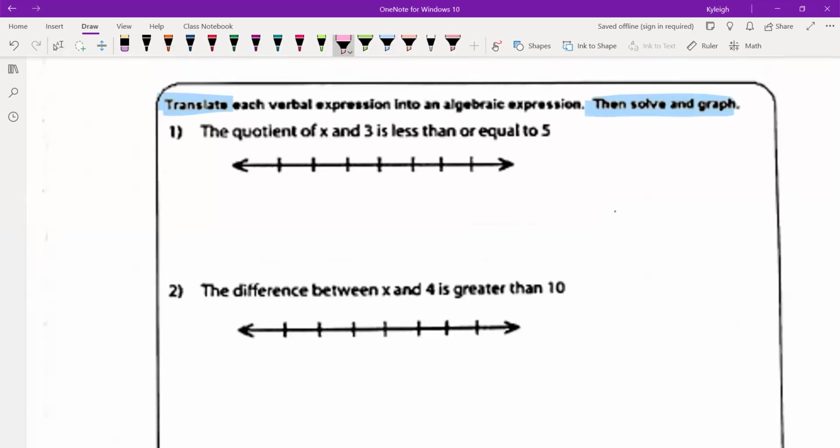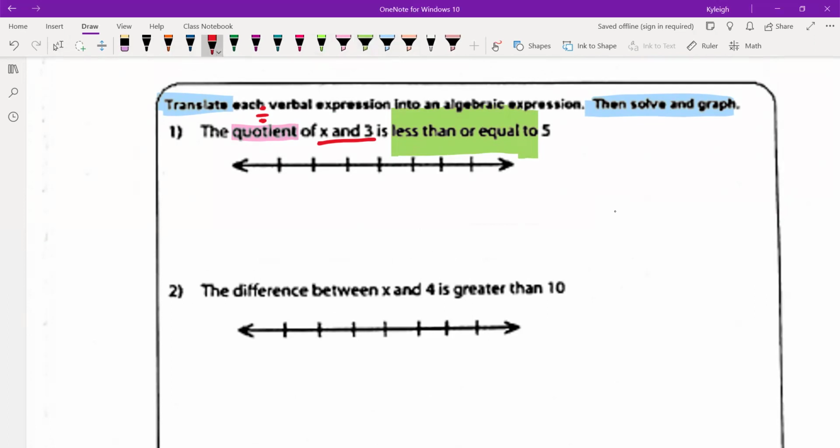So you kind of have to pinpoint important words. So quotient, if you don't know, that means division, and it tells you what 2 things to divide. Then before you would have said less than means like subtraction, but really it says less than or equal to. So that tells you your symbol and then your other number.